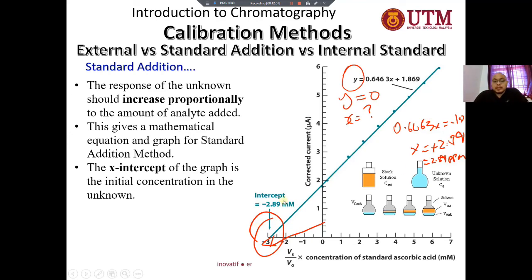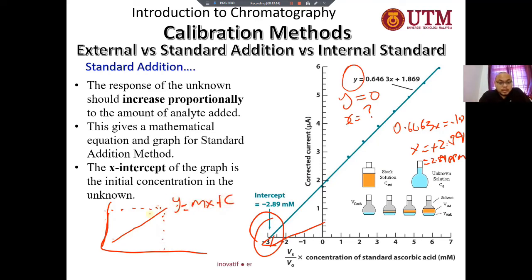If we compare with the external calibration method, in the external calibration method you find the absorbance of the unknown and then you tally with the graph, or you use this equation, putting the response in as y and you will get the x value. That is the normal way for the external calibration method.